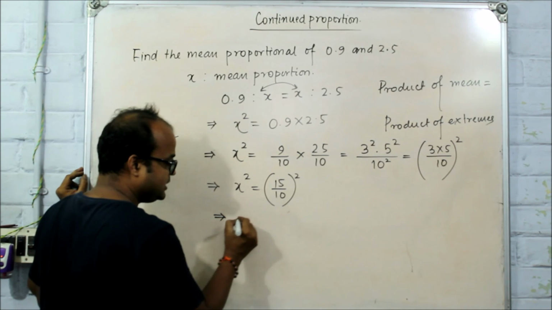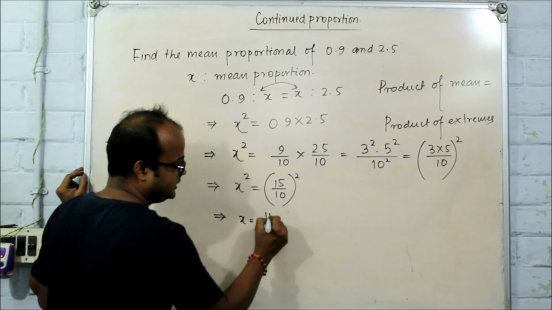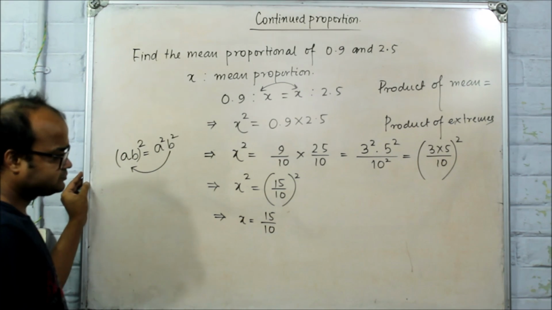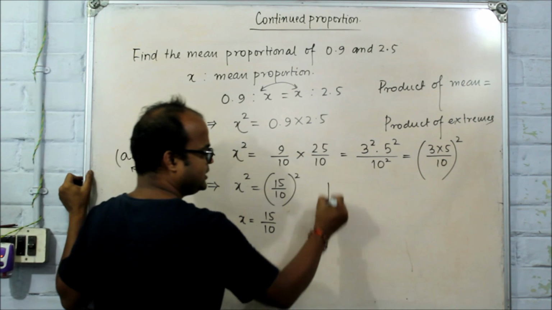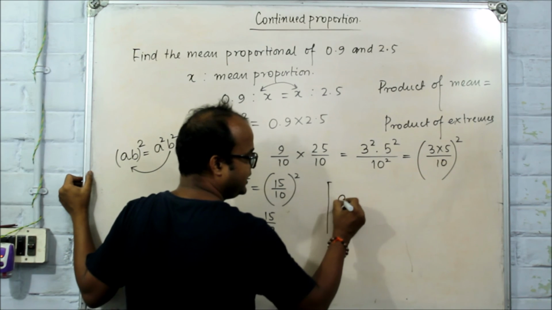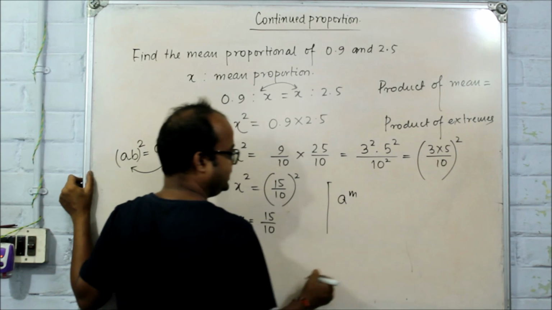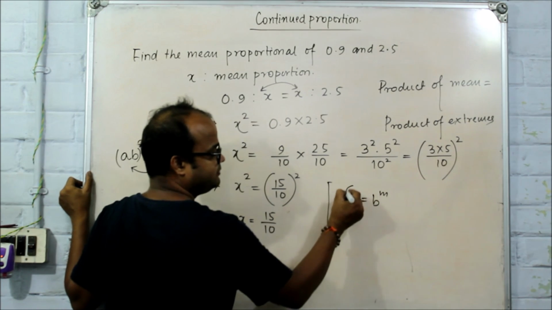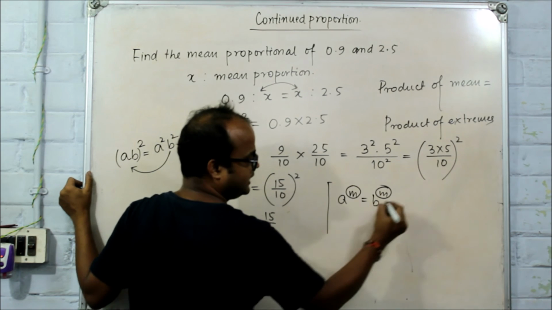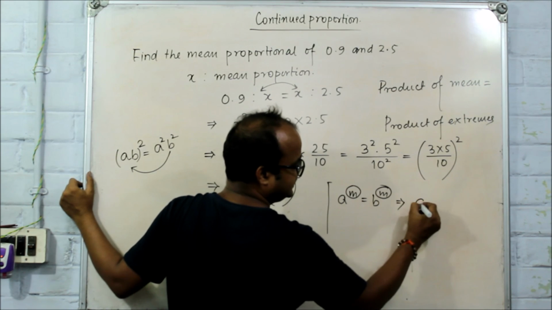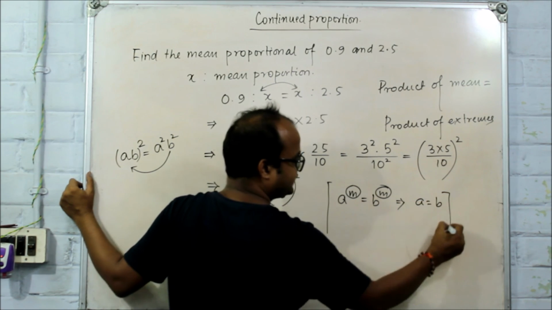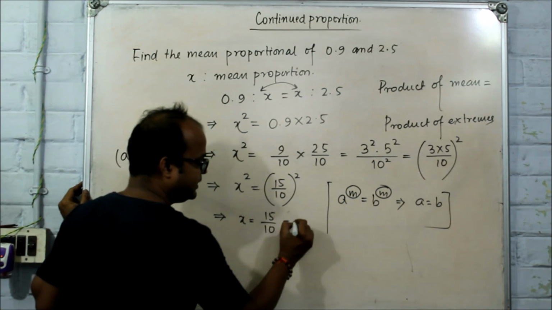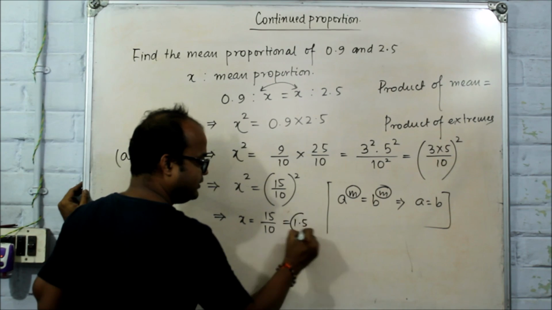So here we can say that x is equal to 15 by 10. In exponents it is said that if a raised to m is equal to b raised to m, that means if these two powers are same, it implies that a is equal to b. Clear? So x is equal to 15 by 10, which is equal to 1.5.